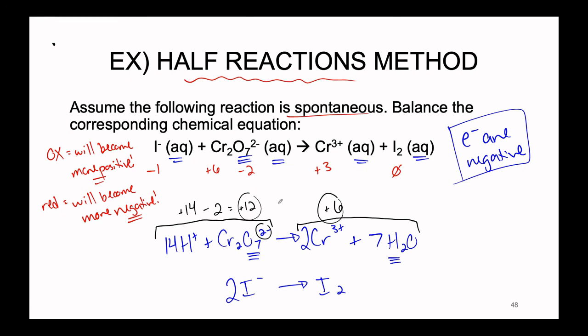This means that because plus 12 is more positive than plus 6, we're going to have to add some negativity to bring it down a little bit. We want the charges on the left and the right to match. So in order to get the plus 12 down to match the plus 6, we're going to have to add 6 electrons to the reactant side.